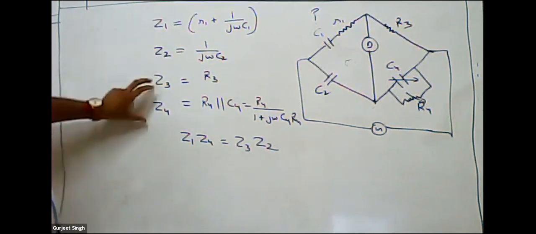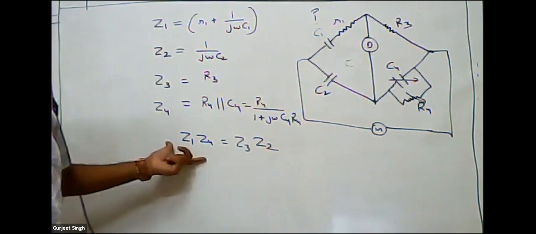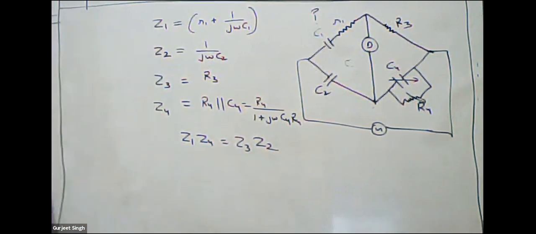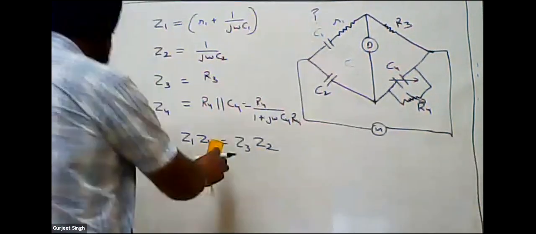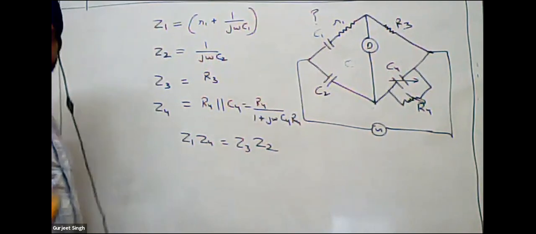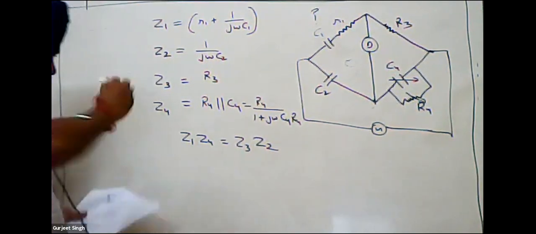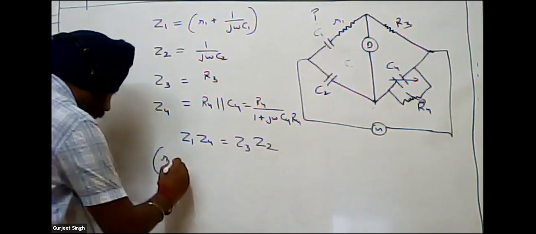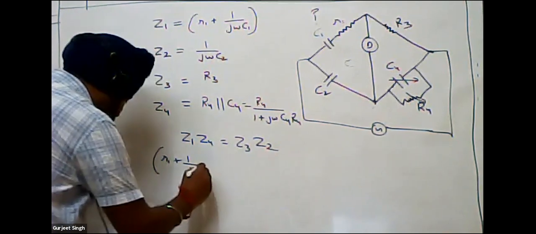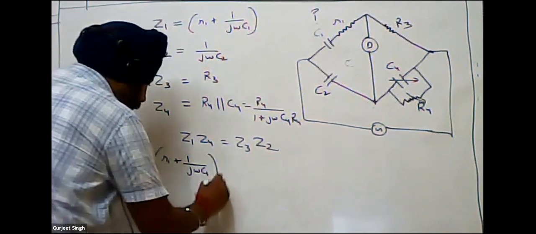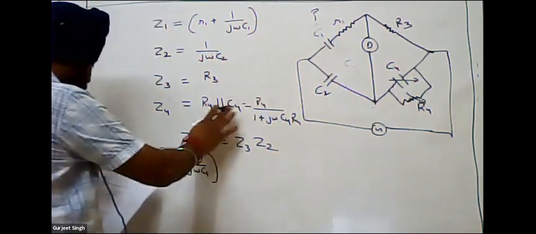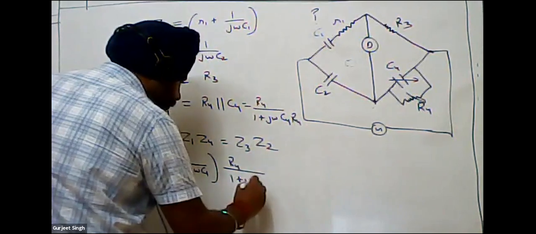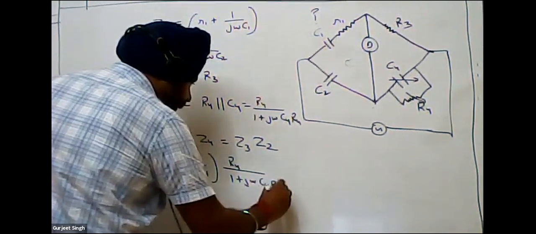Now we will use the equation Z1 Z4 is equal to Z2 Z3 and put the values in. Z1 is R1 plus 1 upon j omega C1, and Z4 is R4 upon 1 plus j omega C4 R4.